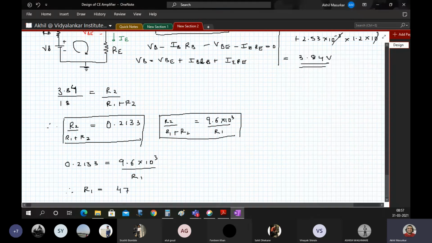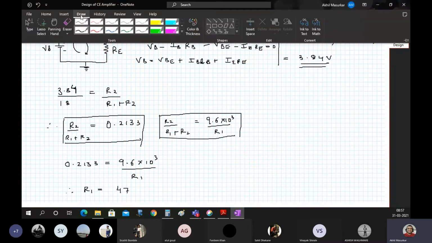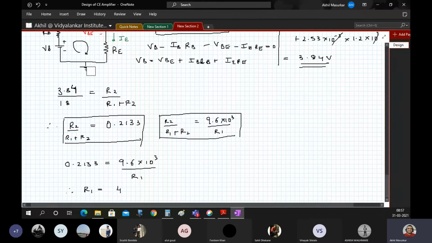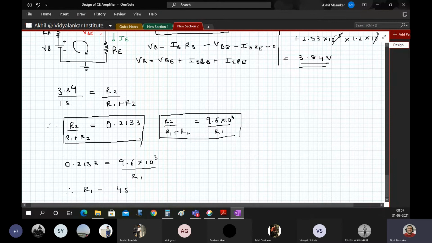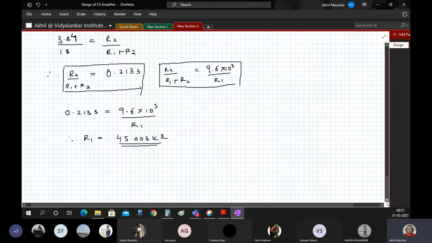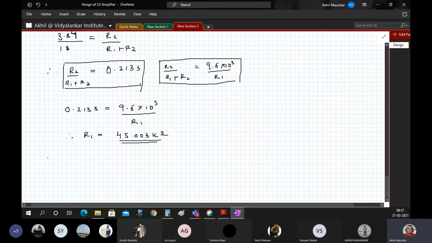So it is 45 kilo ohms. But we don't have a 45 kilo ohm resistance as a standard value. We have a 47 kilo ohms. So select R1 equal to 47 kilo ohms standard. But still we don't know the power rating.